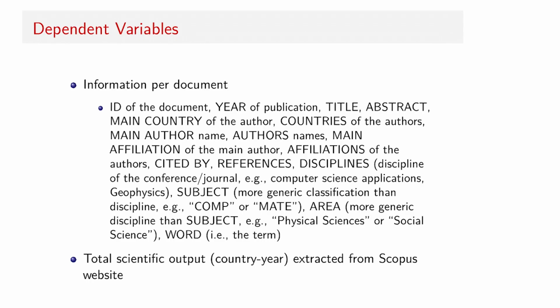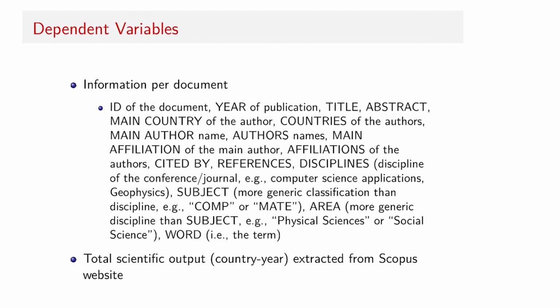For each of those 1.5 million documents, we have quite a rich range of information. We have the unique ID that Scopus uses for each document, and all the information regarding the authors' affiliation, the different classifications used by Scopus to classify those documents in subjects, sub-subjects, scientific areas and disciplines, the number of references that each paper contains, and the number of citations that each document has.